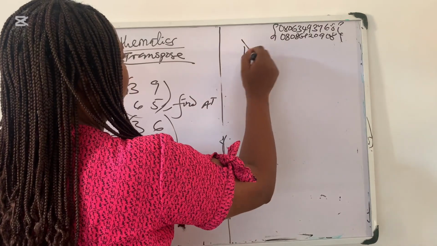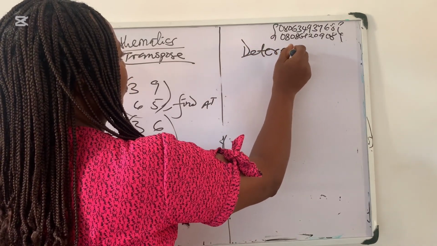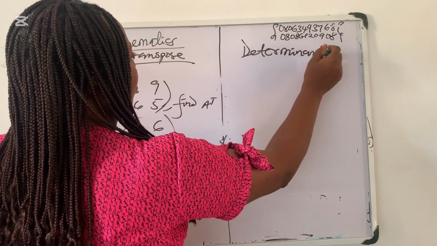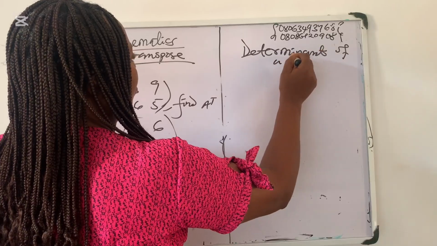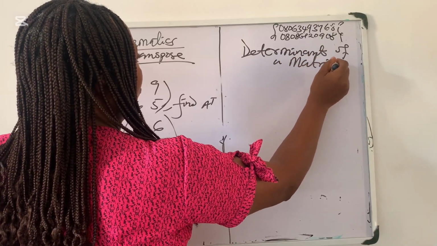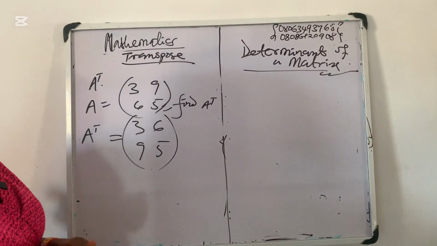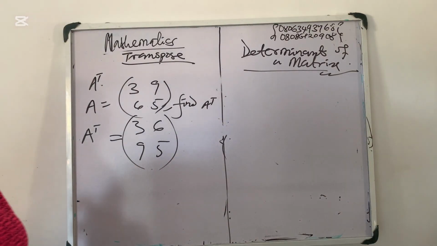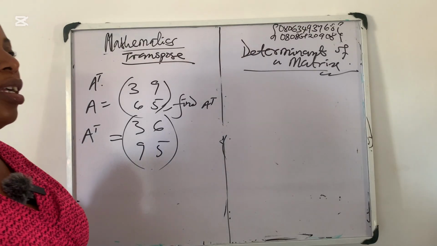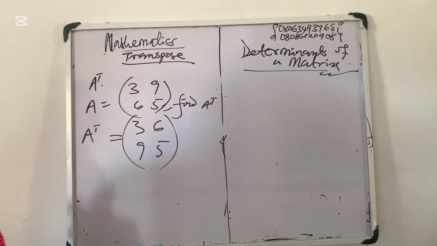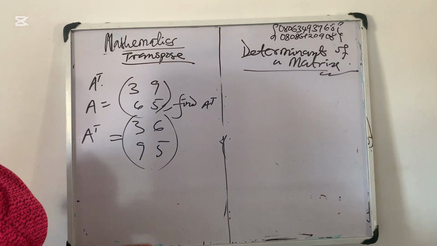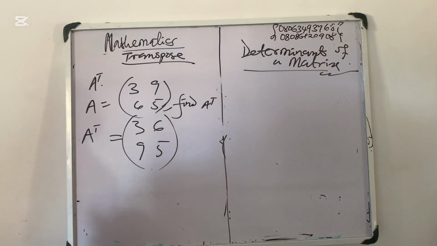Having said that, determinant. Determinants of a matrix can only be computed if it is a square matrix. Recall that a square matrix is a matrix where the number of rows and columns are equal.